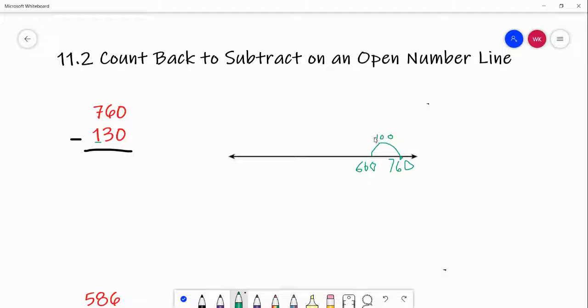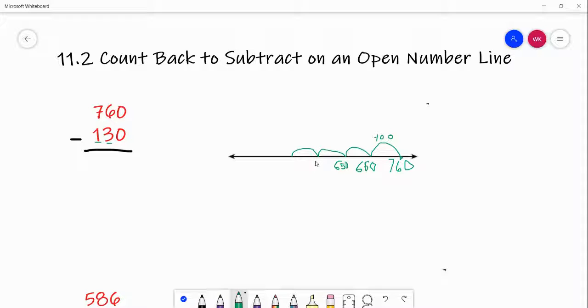And now we're going to jump back by tens. So we need to jump back 3 tens. So we're going to jump back 1, 2, 3. So this is going to get us to 650, because that's 660 minus 10 is 650.